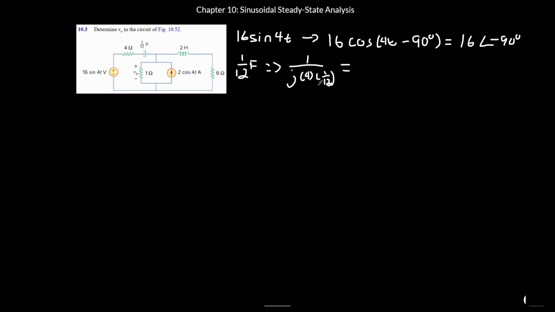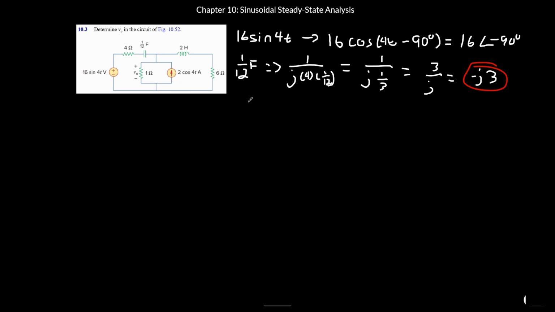Now with some simplification, we can get this down to 1 over j times 1 over 3, which is just going to be equal to 3 over j, which is equal to negative j3. We'll keep this in mind.